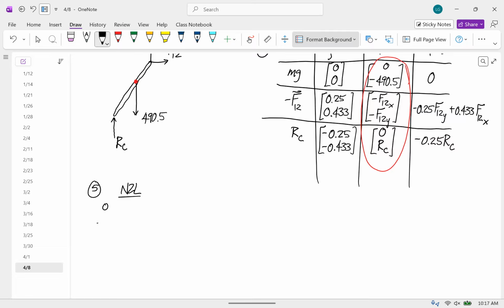So we have 0, negative 490.5, plus negative F12x, negative F12y, plus 0 RC is equal to the mass times the acceleration of the center of mass of body 2.